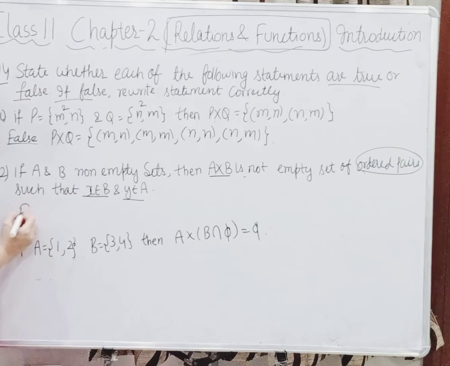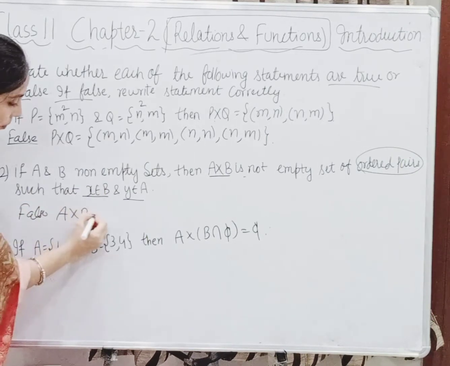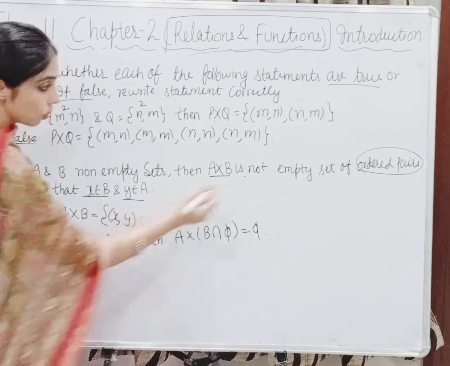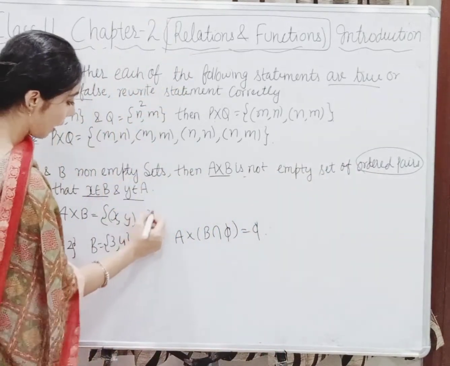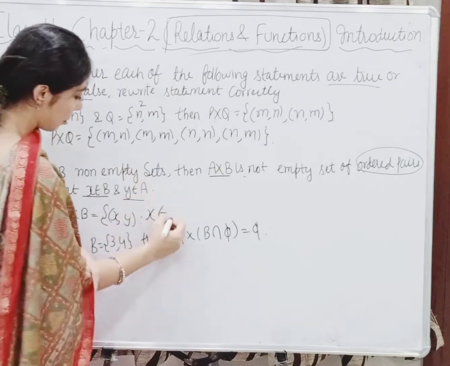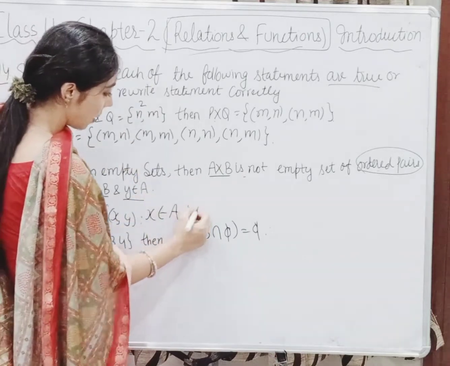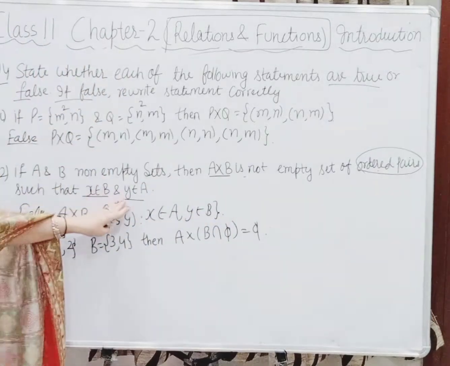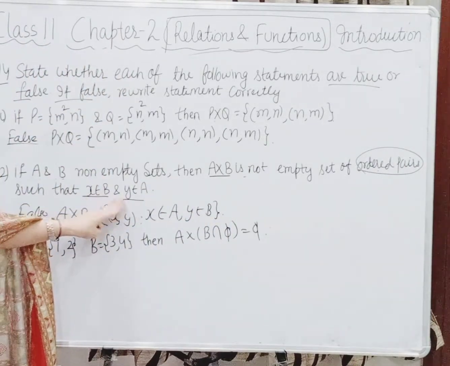This is wrong because the definition of Cartesian product says that it contains those ordered pairs such that the first element belongs to the first set and the second element belongs to the second set. Here the opposite is given, so this is a false statement.